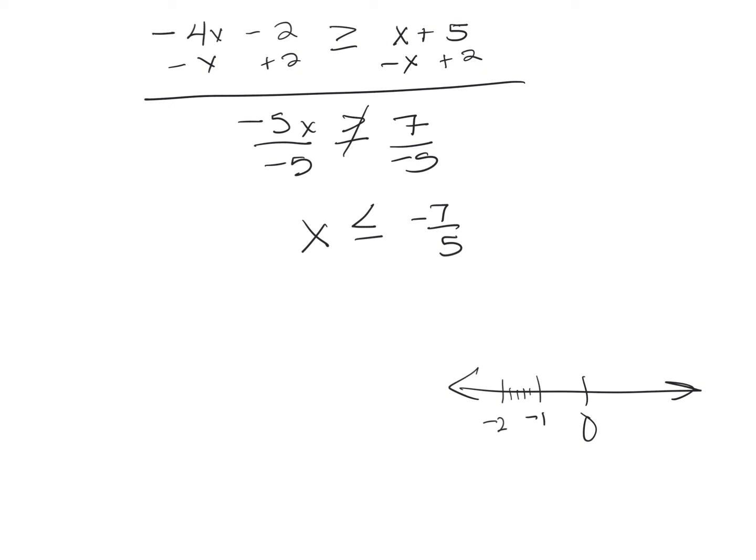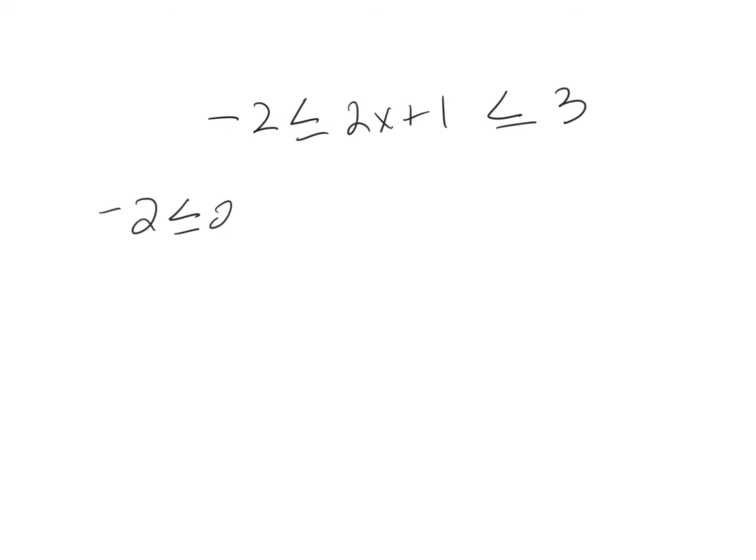Here's -2. -7/5 would be right here. Closed circle because of that, not open. Goes down that way. This would be all the numbers from negative infinity up to and including -7/5. Bracket indicates that we're including that.